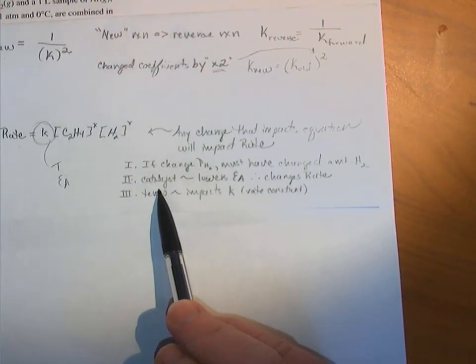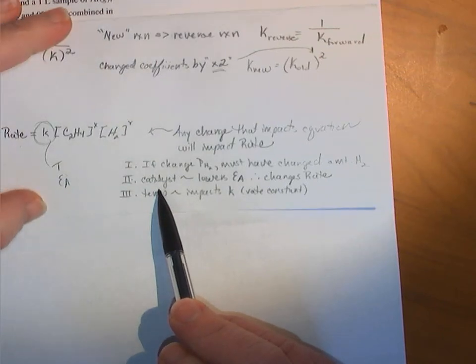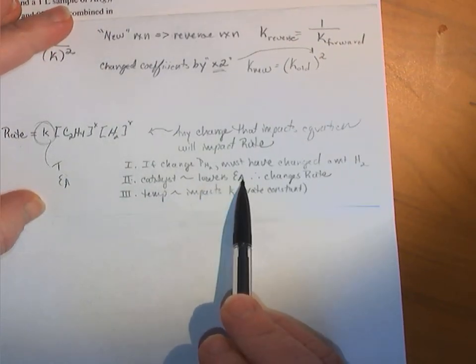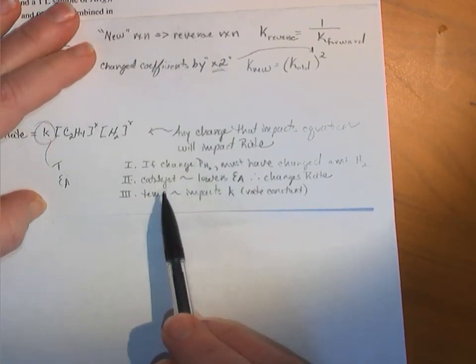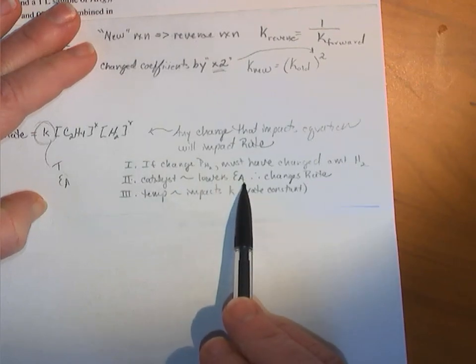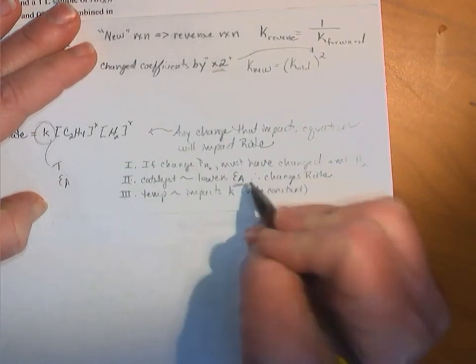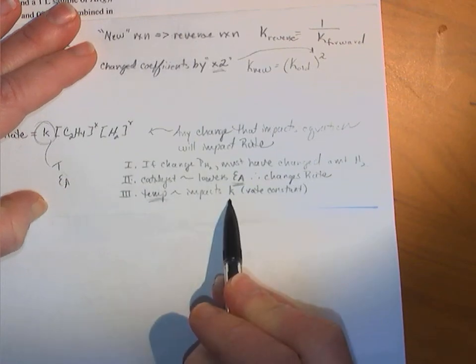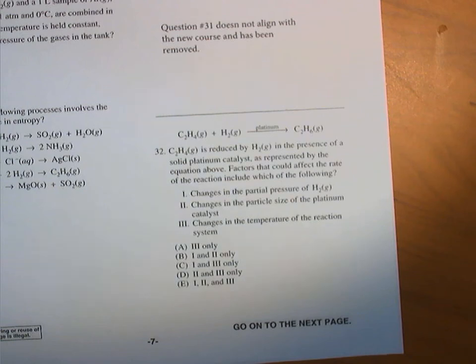You are changing the particle size of the catalyst, which of course will then help the catalyst to come more into contact with the reactant in its step of the reaction mechanism. So that will change rate, and temperature, which impacts lowercase k. So E is definitely the choice.